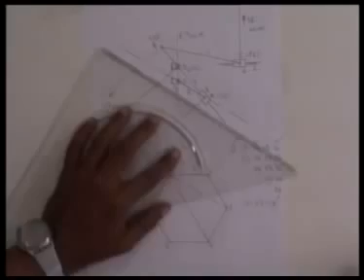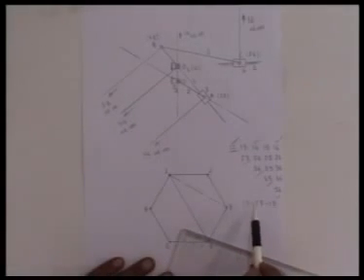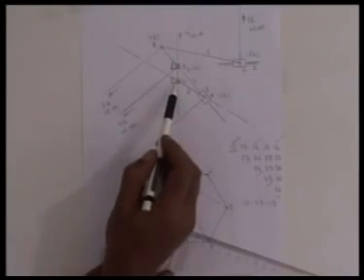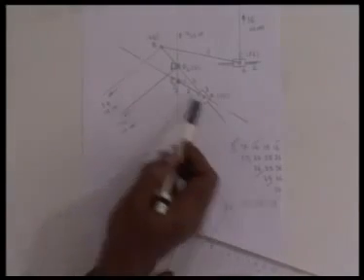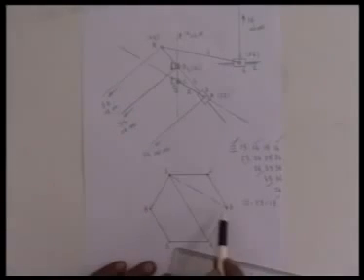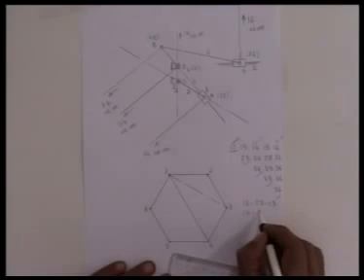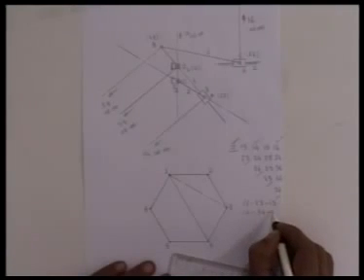This is what we call the Aronhold-Kennedy theorem, that 1 2, 2 3, 1 3 are collinear. 1 2 is here, 2 3 is there. So 1 3 must lie on this line. And for this diagonal 1 3, I consider 1 4, 3 4 and 1 3.